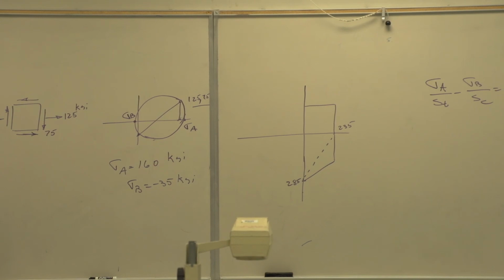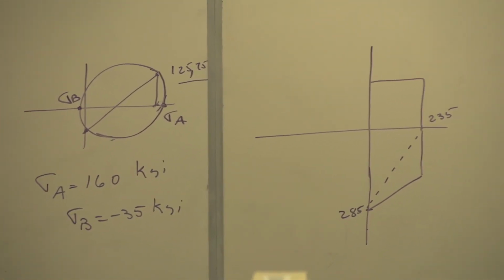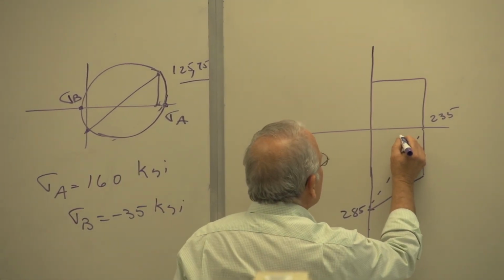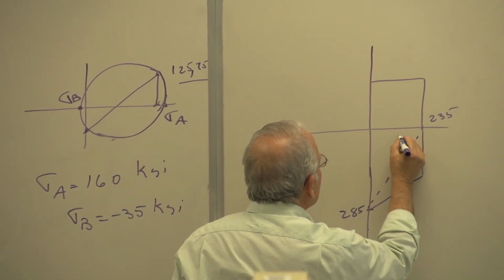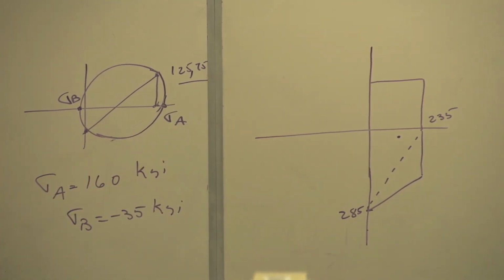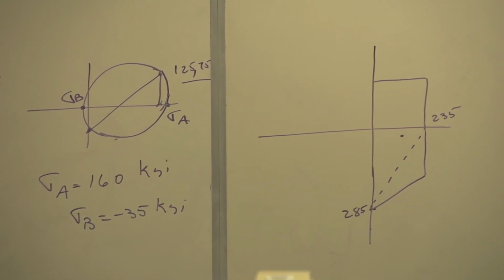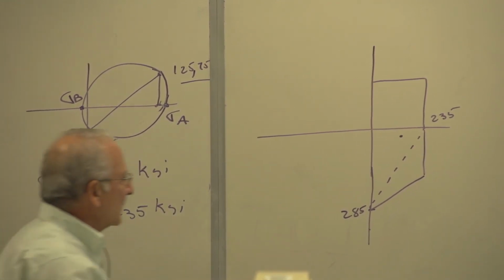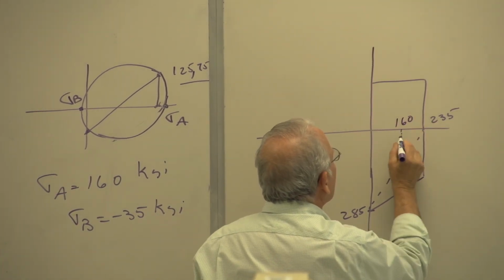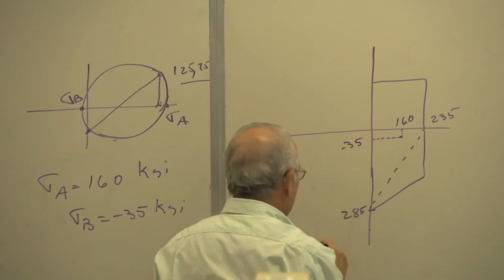That's material strength. Now our load line, sigma A is 160, and sigma B is minus 35. So my point plots here. Agreed? This is 160, and that's negative 35.